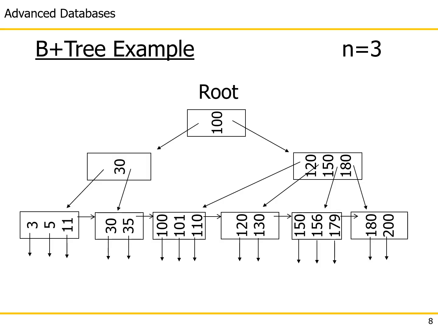Now 70 is greater than 30, so you're going to go to the right of 30, follow that reference. You will go to the node that has 30 and 35, you're looking for 70, so you will follow what's called the sibling reference to go to the node that has the 100, 101, and 110, and since the first entry is 100, then 70 does not exist, and you return an empty result set to the user without at all going to the table.